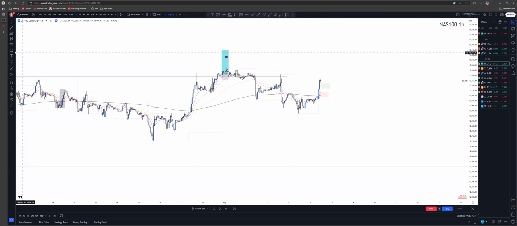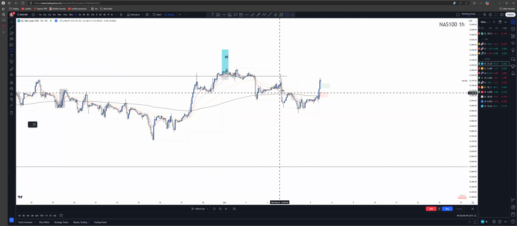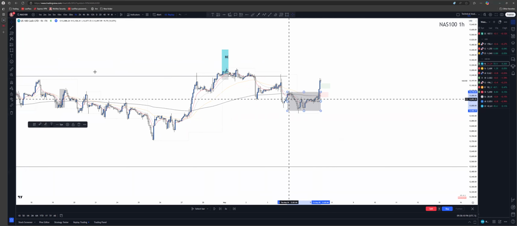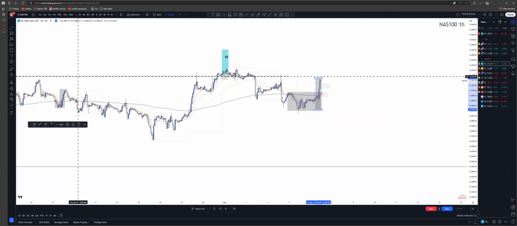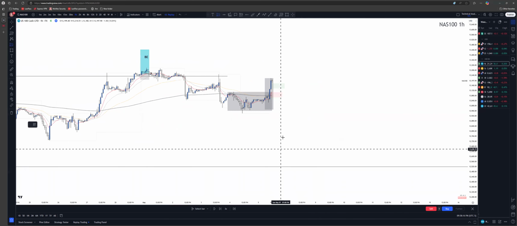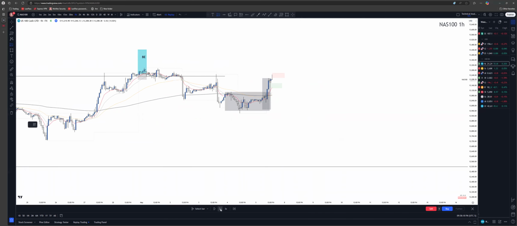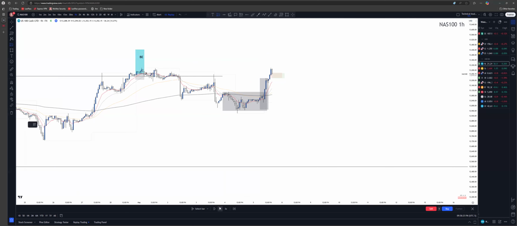Okay, so again, we have our accumulation stage one into a stage two, into another stage one, and we can look for our sideways action, which is right here. However, we can look for another one.